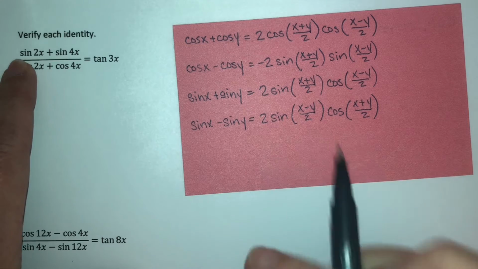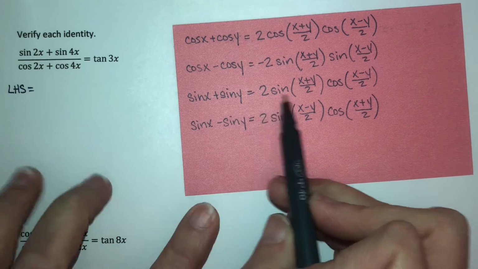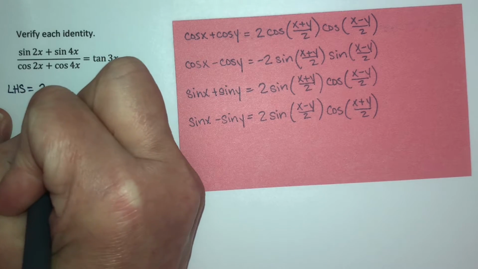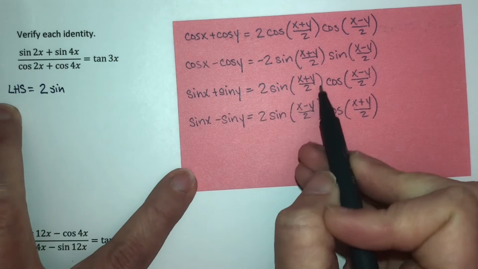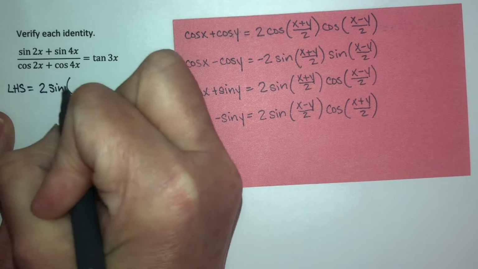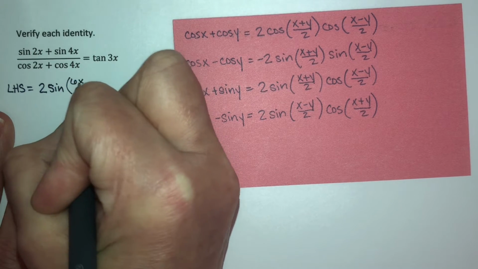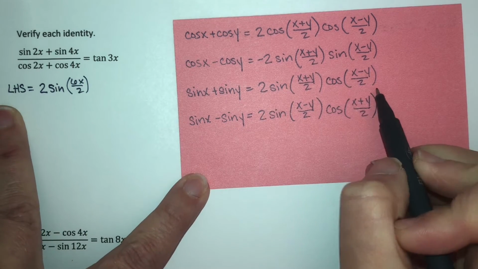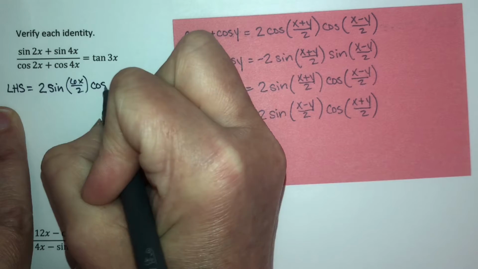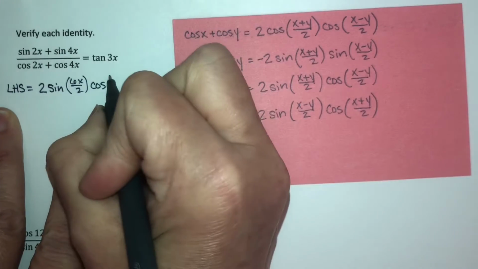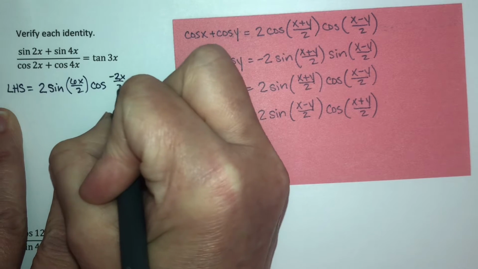So I have a sine plus sine. Okay, so I have 2 sine of, I add them together and divide by 2, so that's going to be 6x over 2 times cosine of them subtracted. 2x minus 4x will be negative 2x over 2.